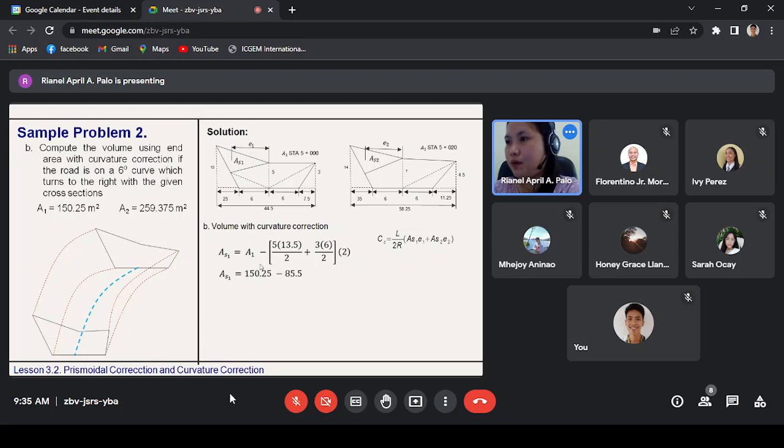So we have 150.25 minus 5 times 13.5 over 2 plus 3 times 6 over 2. Then times 2, which will give us 85.5. Correct?